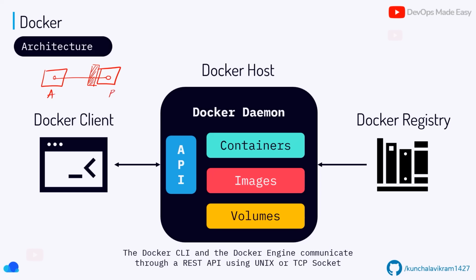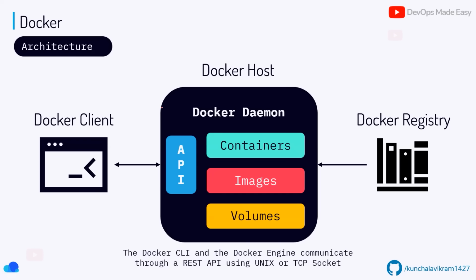If A and B are two different microservices, A uses B's REST APIs and B can also use A's REST APIs to communicate. Similarly, the client also uses the APIs of your server or the daemon to send commands to the daemon. Commands like creating an image, creating a container, creating a volume, it can be anything.